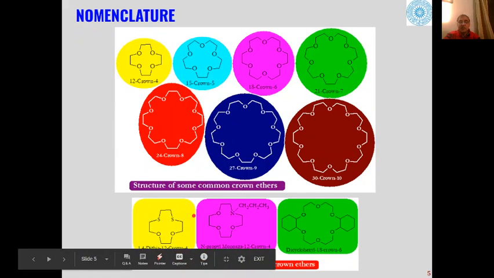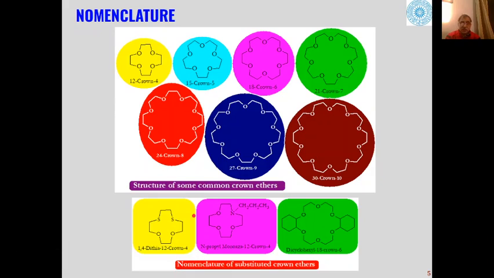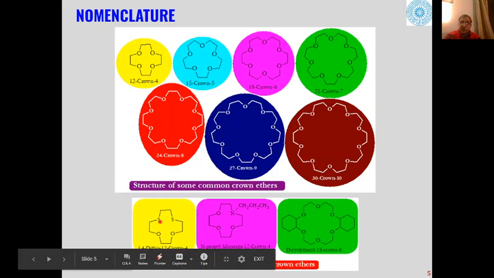Similarly, if additional sulfur atoms are present, then we say 1,4-dithia-12-crown-4. So 1,4-dithia means there are 2 sulfur atoms, and 12 is the total number of atoms, and 4 is the number of hetero-atoms present, 2 oxygens and 2 sulfurs. Similarly here 1 oxygen is replaced by an n-propyl group in 12-crown-4, so this will act as a substituent.